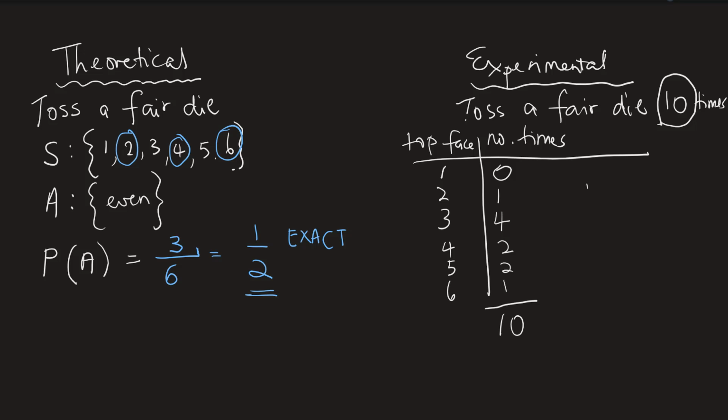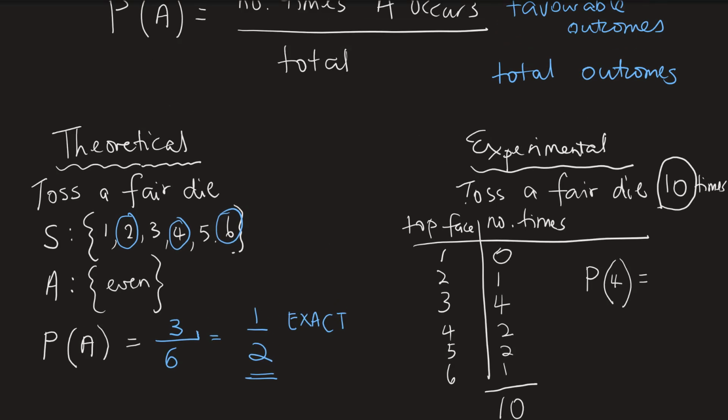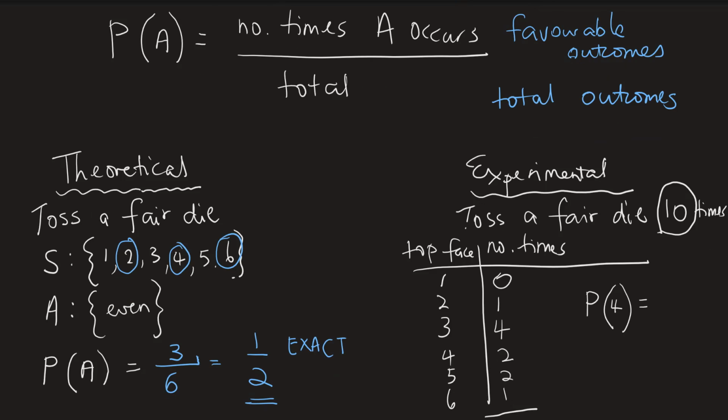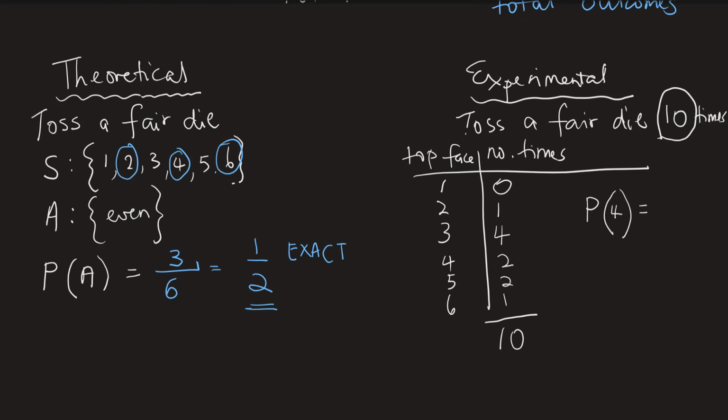Now, if I ask you for the probability that you get a 4, again, using our definition up here, it's going to be the number of times that 4 occurs over the total number of times. So let's go down here. The number of times a 4 occurs is here, 2.